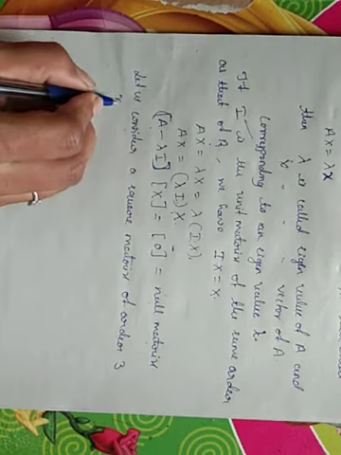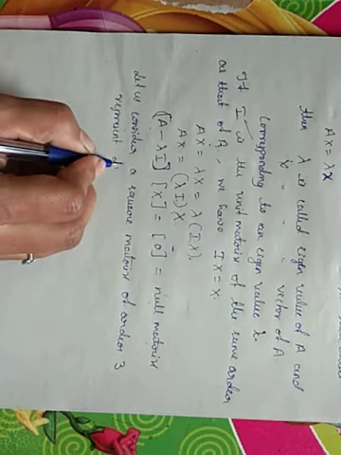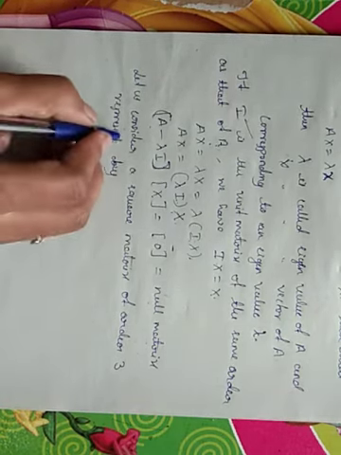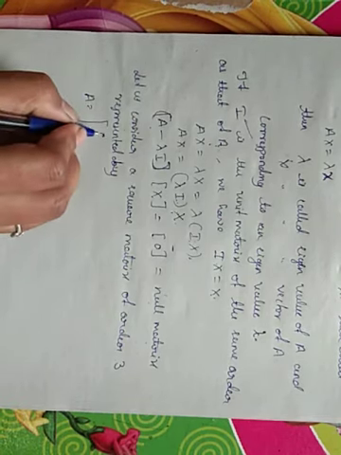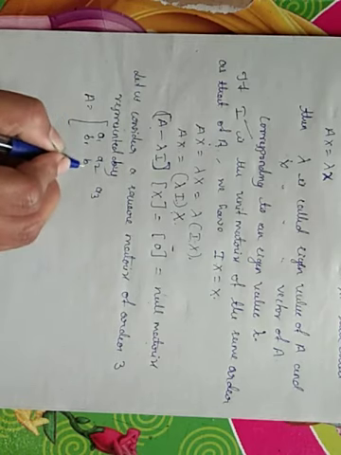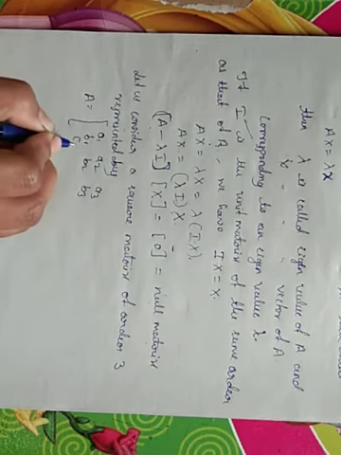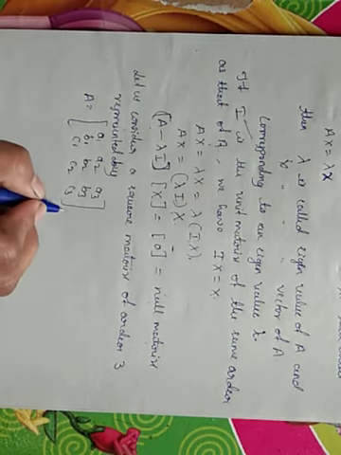I am going to represent it by A equal to the matrix with rows A1, A2, A3; B1, B2, B3; C1, C2, C3. So it is of the third order.